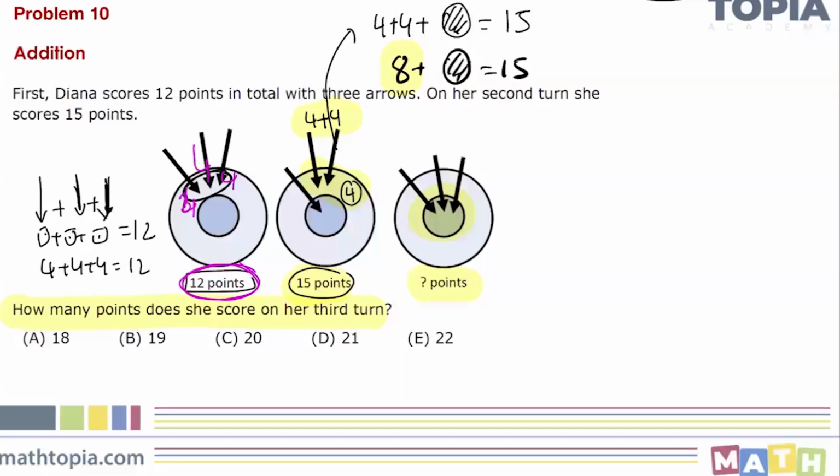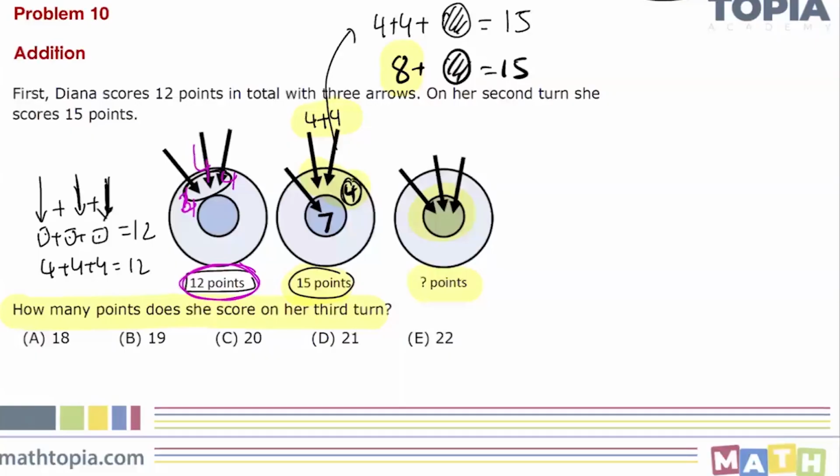Yes, Sare? 7. Why do you think it's 7? Because 8 plus 7 is 15. That's correct. Then we have found the center points. Usually you get more points when you hit the center, which is hard to hit. Makes sense.